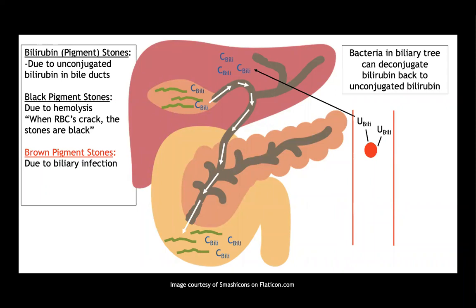What happens here, though, is that if you have an infection in your biliary tree, that bacteria, whether it's in your gallbladder or your ducts directly, can deconjugate some of that conjugated bilirubin into unconjugated. And that can ultimately form brown pigmented stones. So remember, for the mnemonic for this, remember that when an infection goes down, the stones are brown.